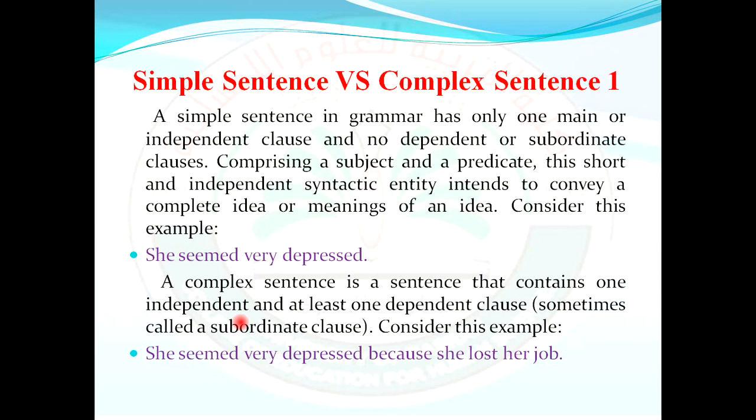So, the simple sentence, in any grammar, has only one independent clause and no dependent or subordinate clauses. Of course, the simple sentence comprises a subject and a predicate. So this short and independent syntactic entity intends to convey a complete idea.